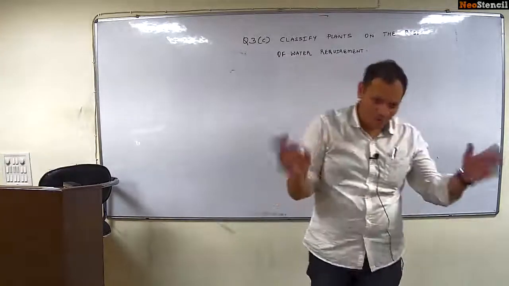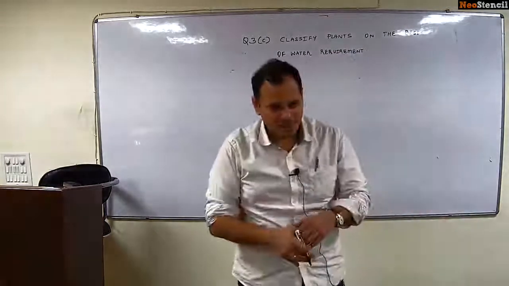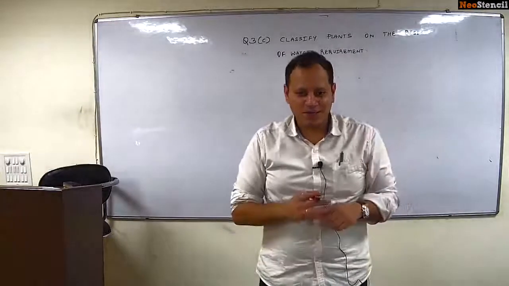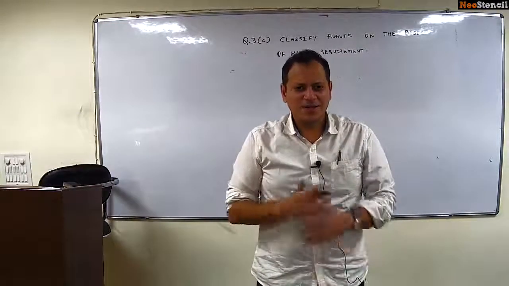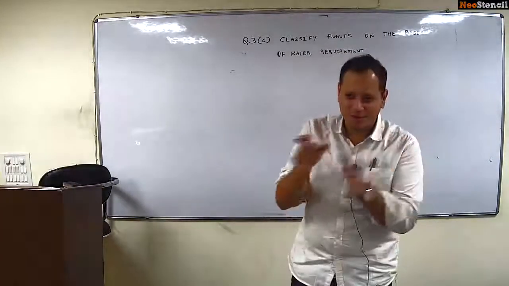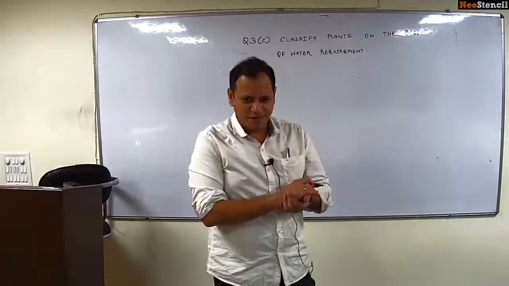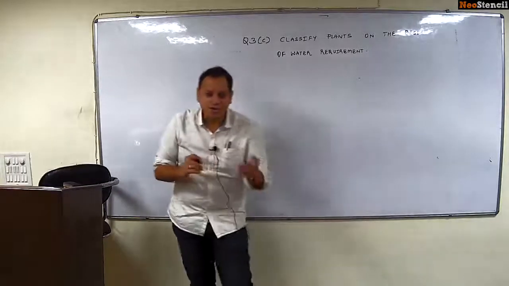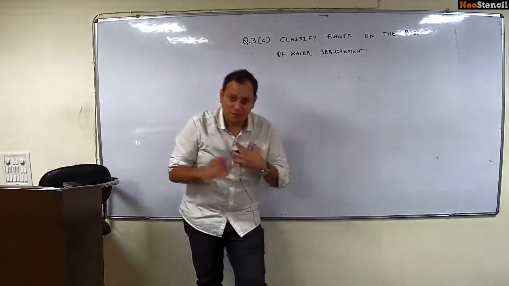Geography optional students, you will be happy with this question. We have done this. And the GS students, if you remember classification of plants, primary succession, secondary succession, xerophytes, mesophytes, hydrophytes. What we do here is divide the plants on their water requirement.